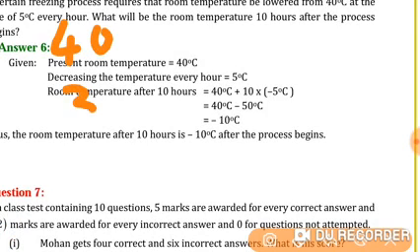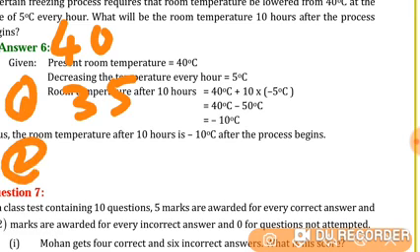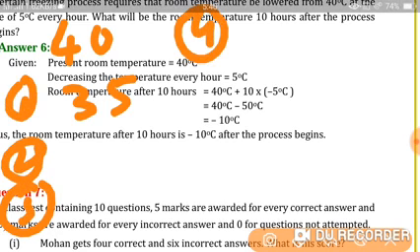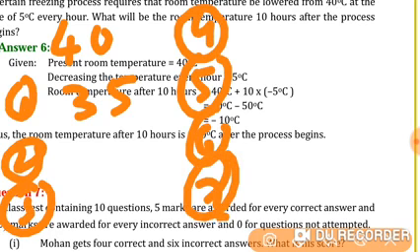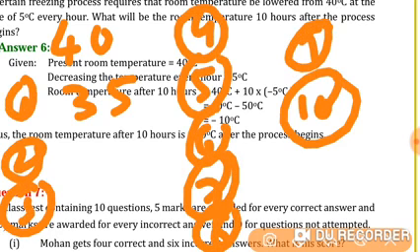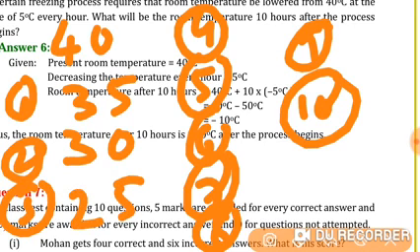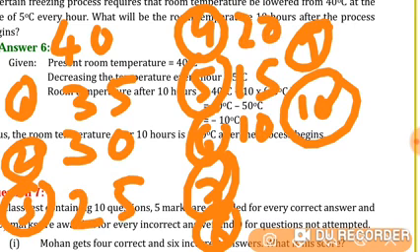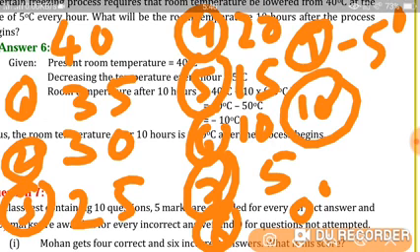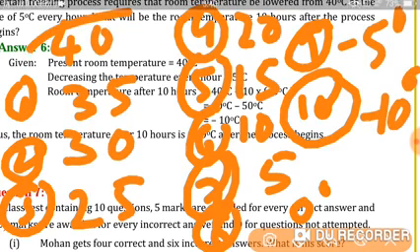First 5 less means 35, then second, third, 4, 5, 6, 7, 8, 9, 10. 10 times it is repeating. 35, then 30 degrees, minus 5 again 25, again minus 5 is 20, again minus 5 is 15, again minus 5 is 10, again minus 5 is 5, again minus 5 is 0 degrees, again minus 5 is minus 5 degrees, again minus 5 is minus 10 degrees. See, practically you can understand like this.